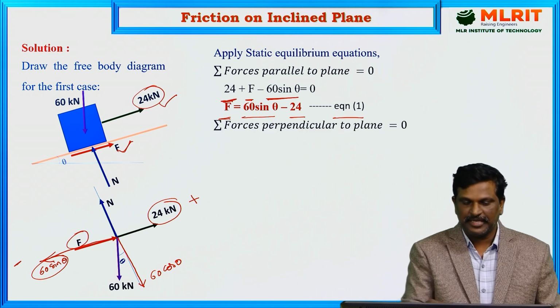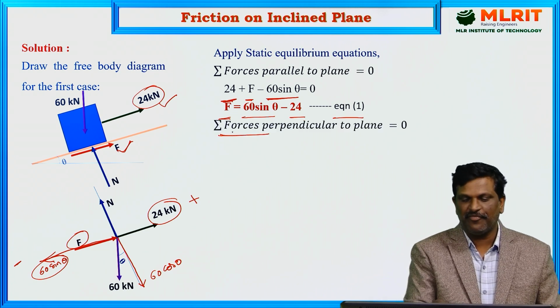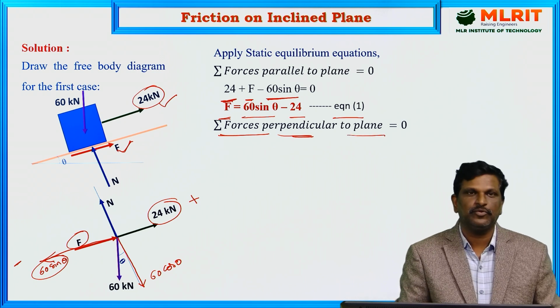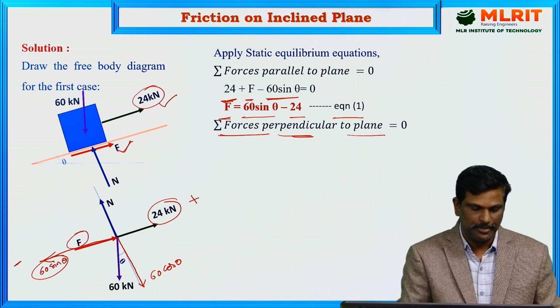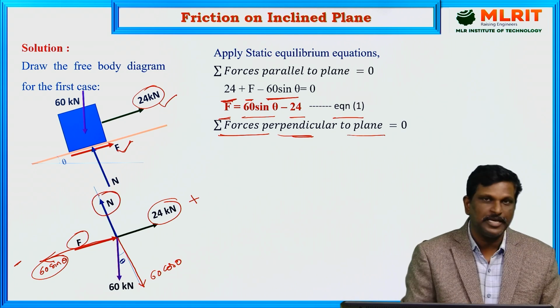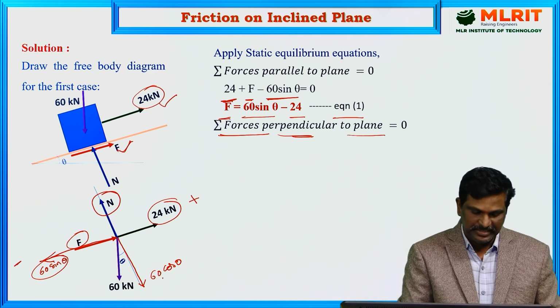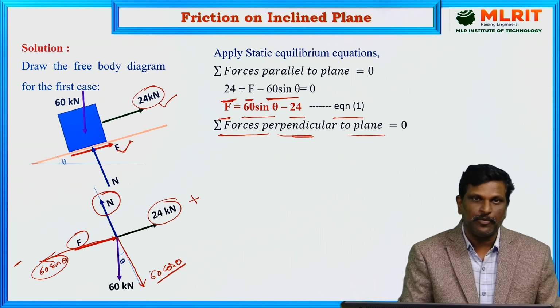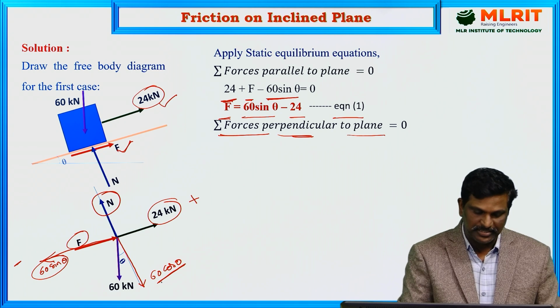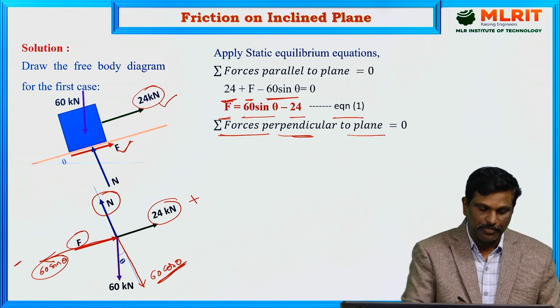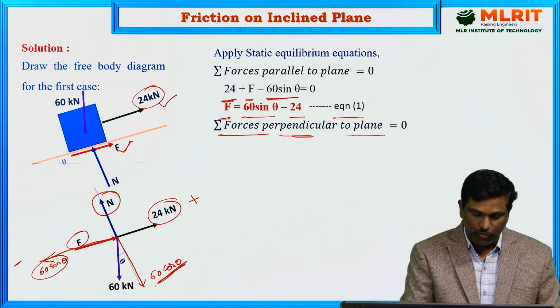Now the second condition is the sum of forces perpendicular to the plane equal to 0. Let us see how many forces are acting on the body perpendicular to the plane. N, the normal reaction, is perpendicular to the plane in the upward direction, and 60 cos theta, the weight component, is perpendicular to the plane but in the downward direction.